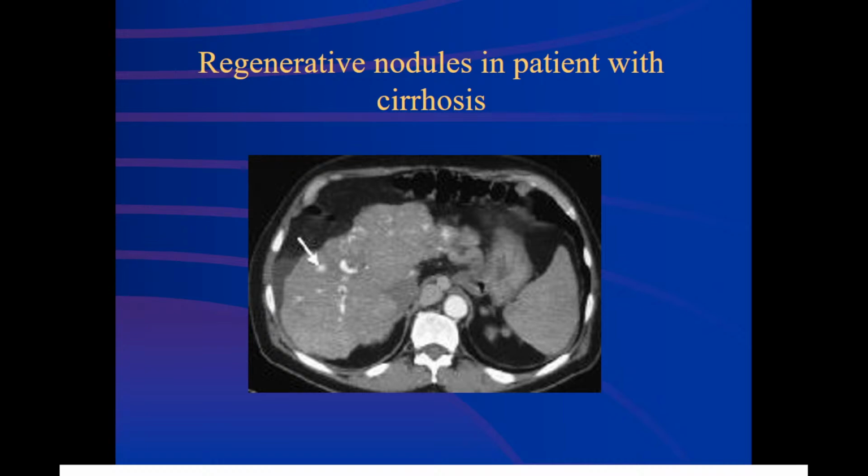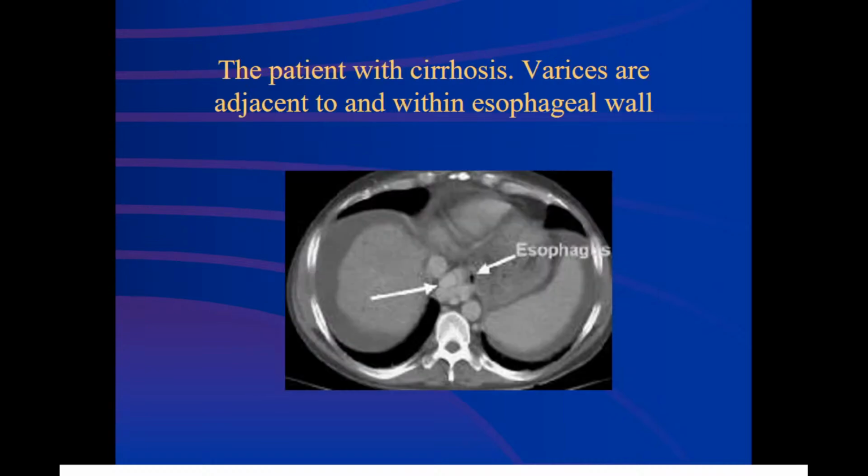Its surface has a wave form due to regenerative nodules, and in the abdominal cavity you may see fluid which has a dark color. Here you can see varices within the esophageal walls by CT.